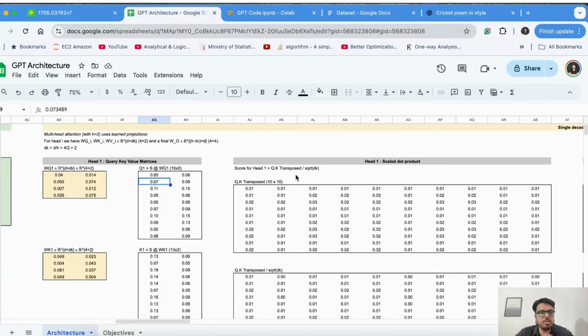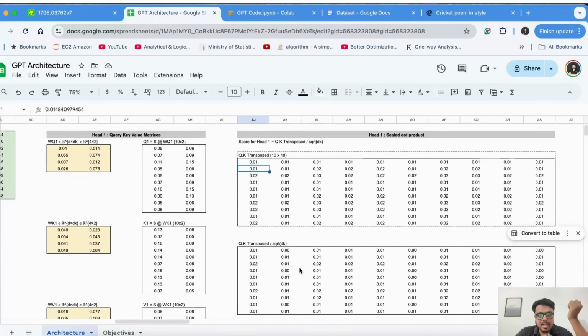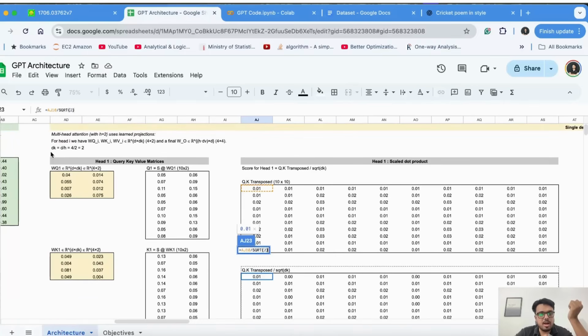And this is just to normalize the scores. So when we do Q K transposed, what effectively we are doing is matrix multiplication of Q1 and K1 transposed. And then we simply divide it by square root of dk, which is effectively the dimension for the weight matrix.